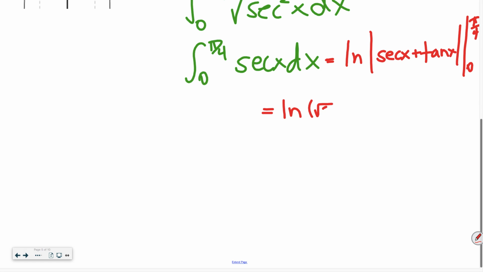Plus the tangent of pi over 4, which is 1, minus the natural log of the secant of 0, plus the tangent of 0. That was 0.